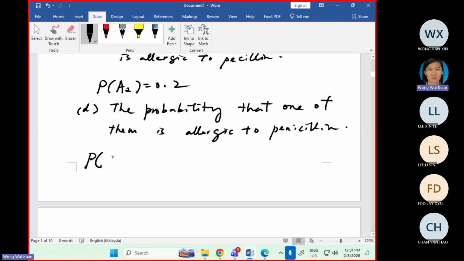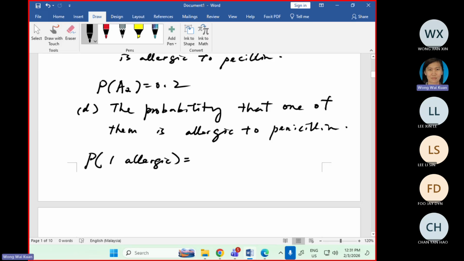So probability of one allergic, unless I put this as a B or C or else then I accept this. Probability of one allergic. How can you have one allergic? Not the answer. Not the number. So you remember what, how, when, where, please be careful. How can I have one allergic?